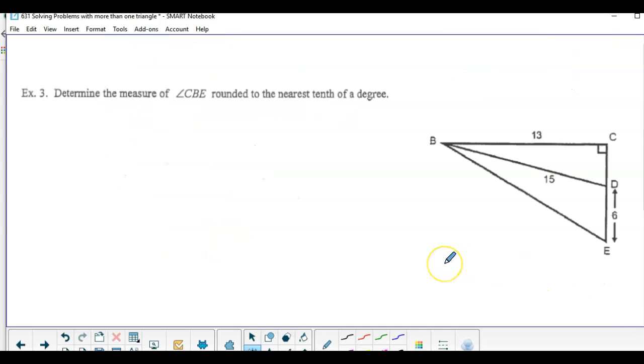Okay, so now question 3, determine the measure of CBE. So that's this big angle here, rounded to the nearest 1/10 of a degree. So this is a big triangle. It's cut into 2. The whole big triangle is a 90 degrees, as is the little one.